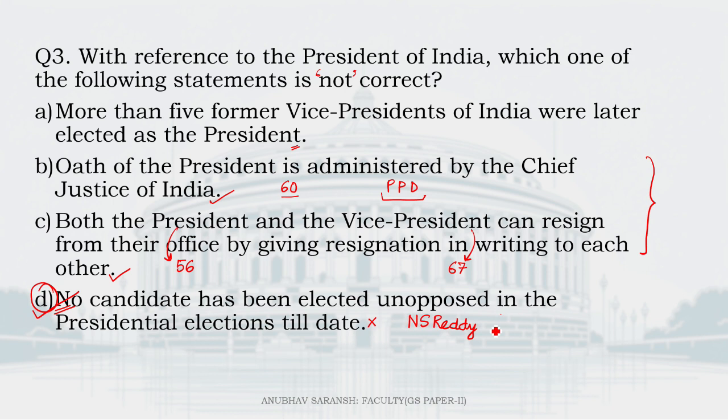Neelam Sanjeev Reddy, who became the president in 1977 till 82, was elected unopposed. Why? Because 37 candidates filed their nomination paper, out of which 36 nominations were rejected. He was the only man standing, right?